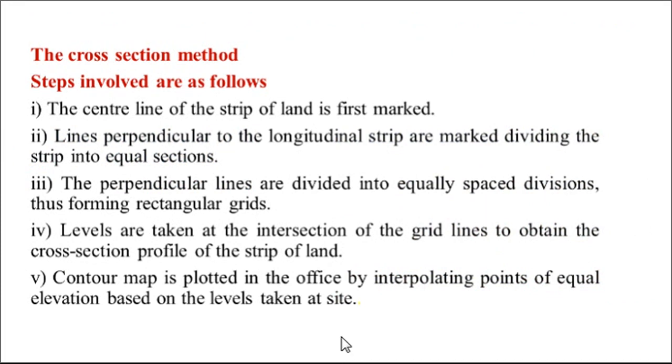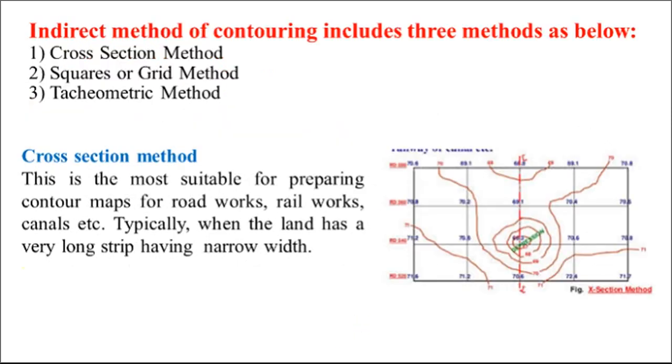Steps involved in this cross section method. First step, the center line of a strip of a land is first marked. So as we have seen, for example, one center line we have to mark.